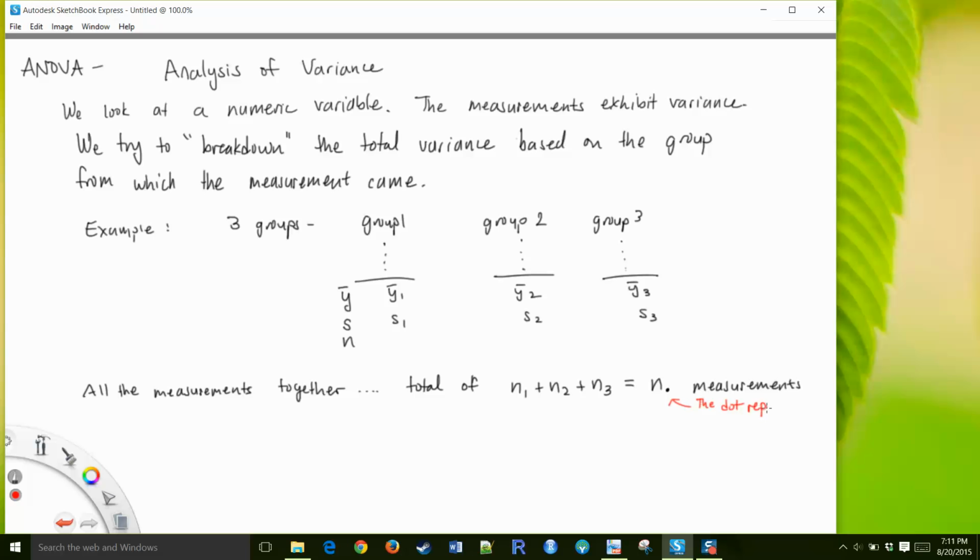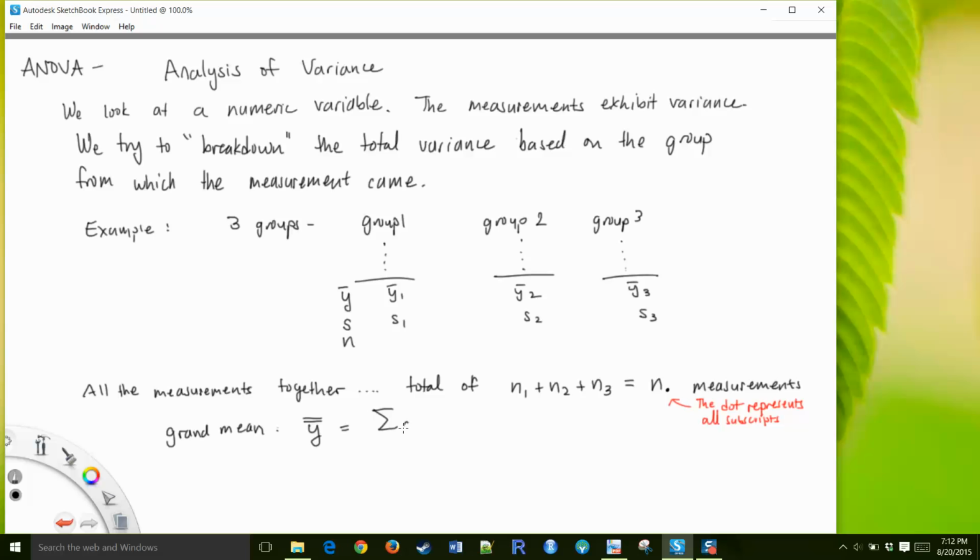Note that this is not equal to the average of y bar 1, y bar 2, and y bar 3.